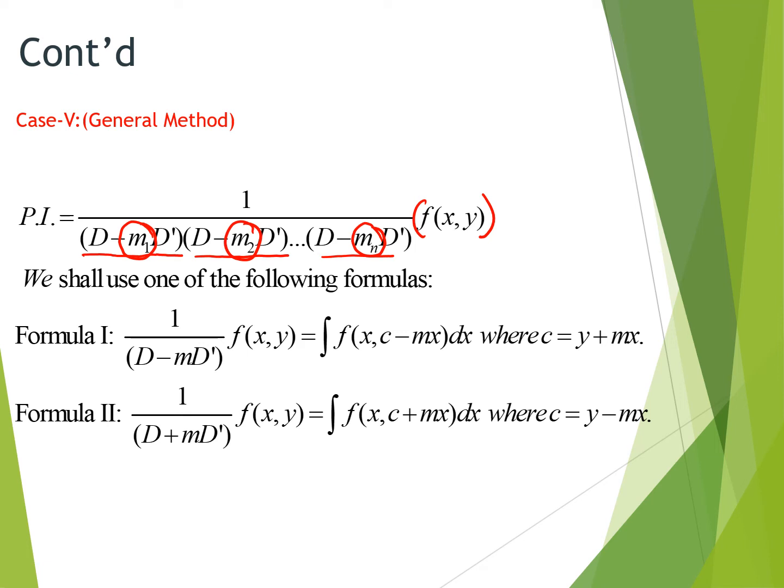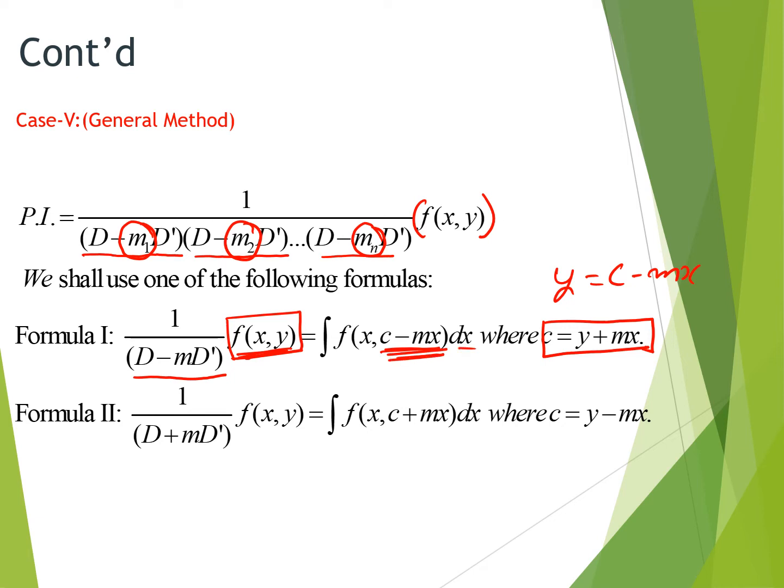To solve 1 over (D minus m D') into a function of x, y, we consider y is equal to c minus mx. In the function f, we replace the value of y and integrate with respect to x.